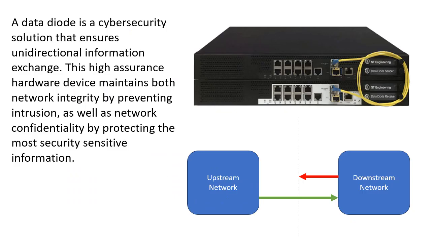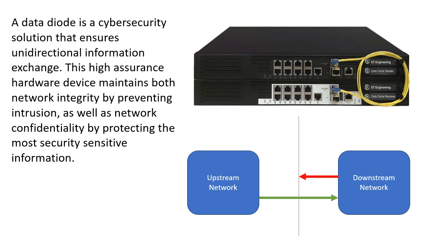So, data diode is basically a cybersecurity solution that ensures unidirectional information exchange. This high assurance hardware device maintains both network integrity by preventing intrusion as well as network confidentiality by protecting the most security sensitive information.